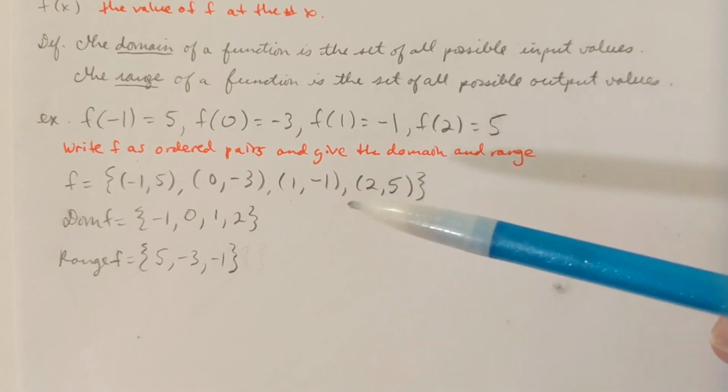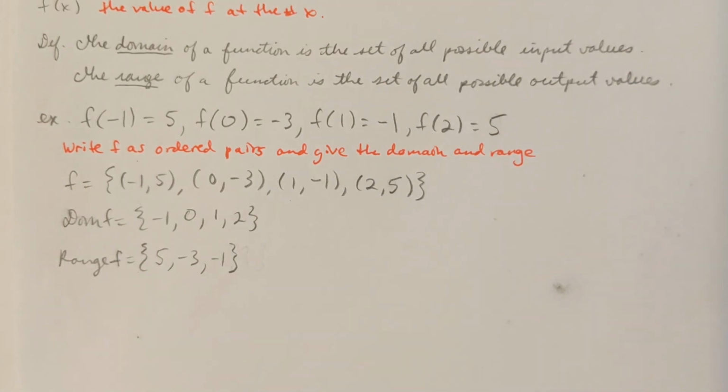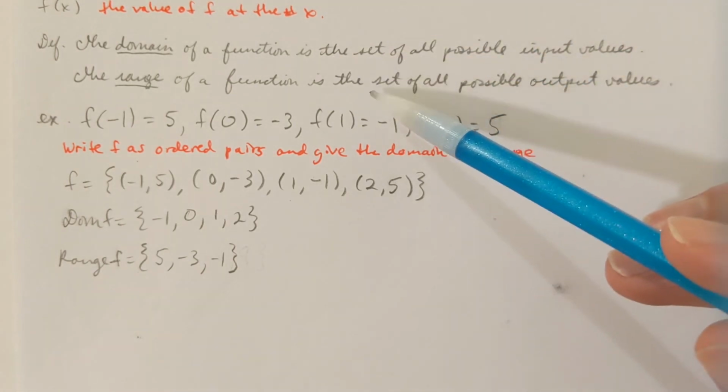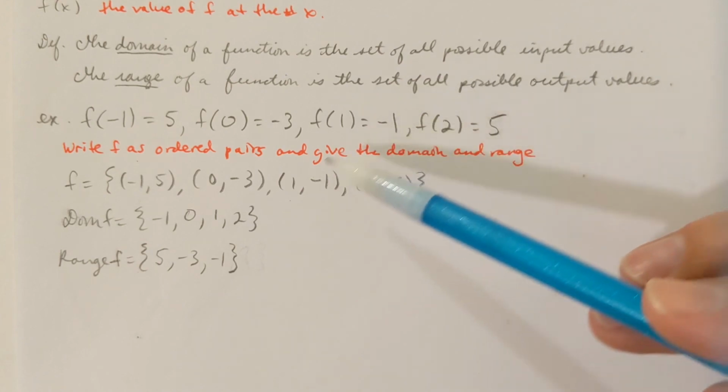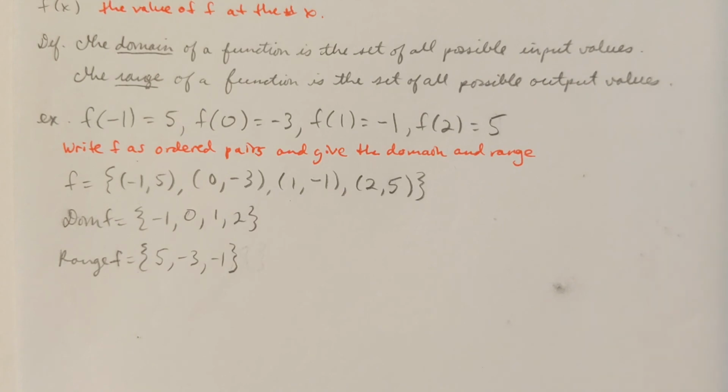Okay, so f is a set, and in the set are the ordered pairs (-1, 5), (0, -3), (1, -1), and (2, 5). The domain is a set, and the range is a set. It's important to make sure that you use set bracket notation whenever you write down the domain and the range of a function.